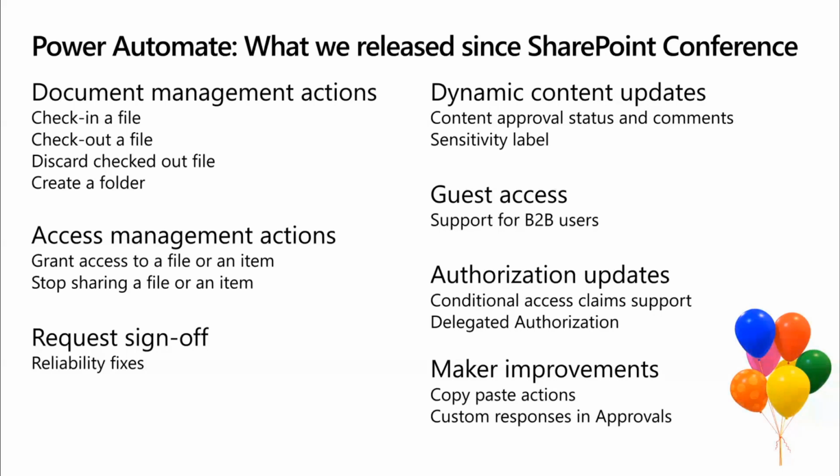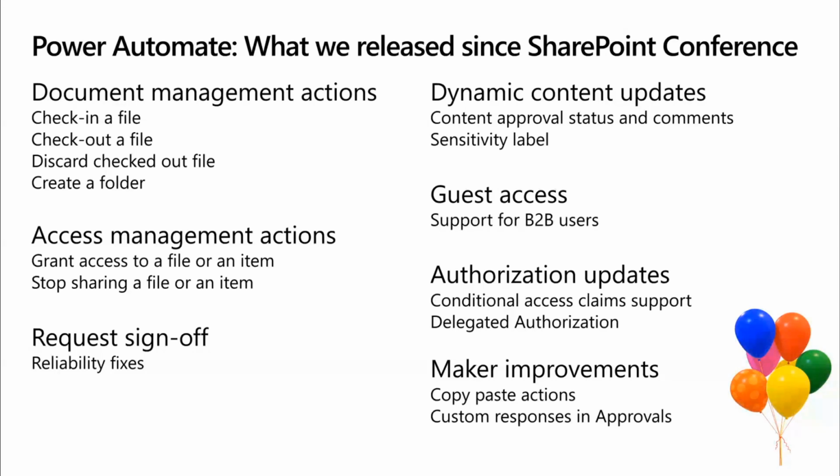There are a ton of updates to guest access support and authorization updates. Power Apps also has guest access support. Flow supports guest access through B2B scenarios. So if you are Contoso and you have AdventureWorks coming in with Flow license and working in Contoso, Flow will use the license of that company and acquire that and use it in your tenant.